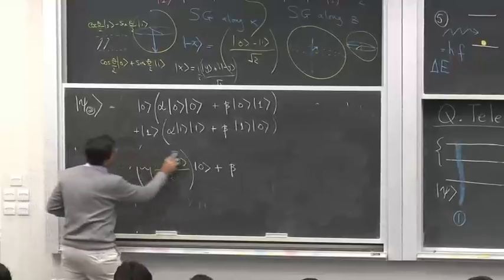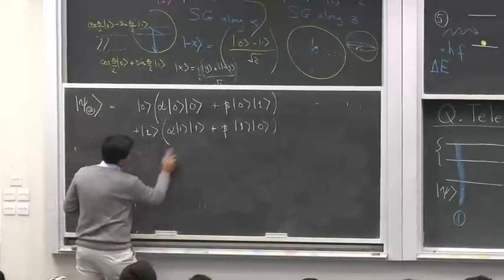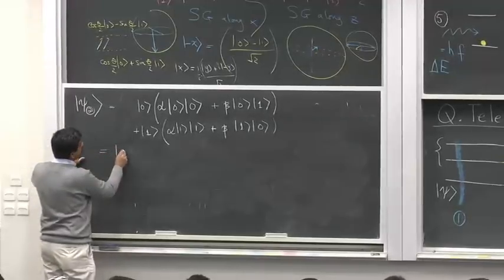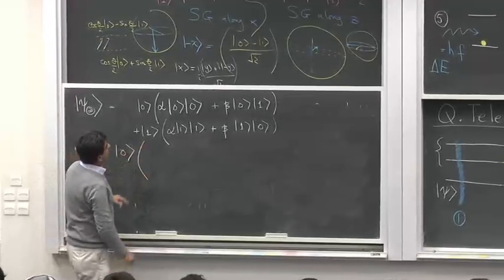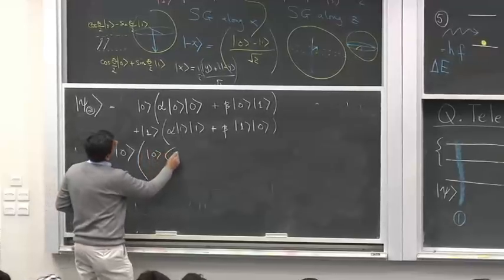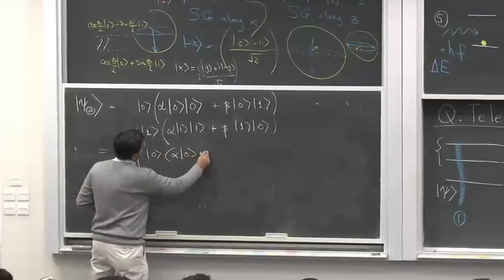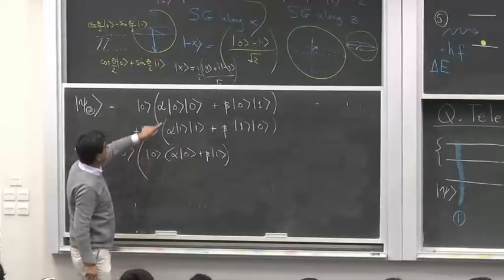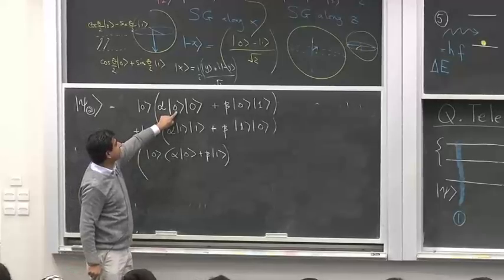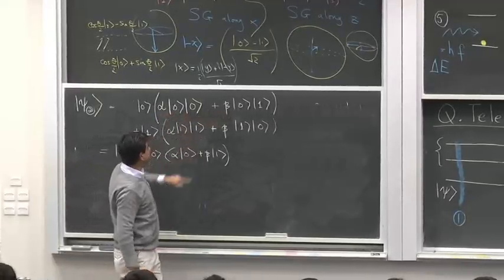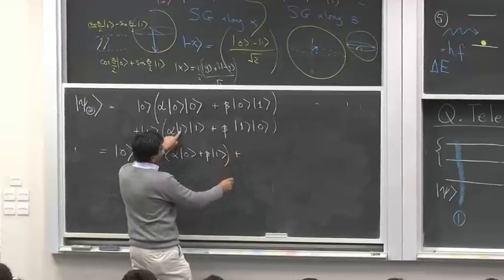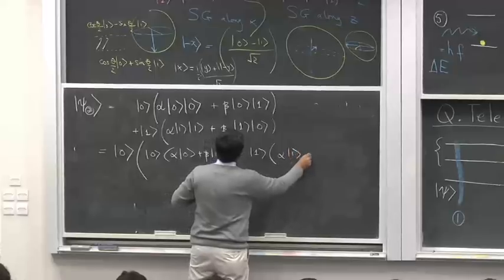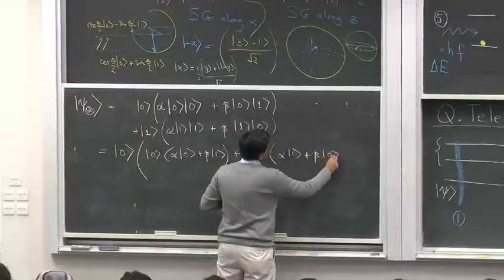Let me actually simplify this a bit further. Let me write this in a simpler fashion. 0, second qubit, third qubit alpha 0 plus beta 1, right? So I'm taking this 0 as common. I'm factorizing out this state 0 from the second and third, plus 1. This 1 is factored out and I get alpha 1 plus beta 0.